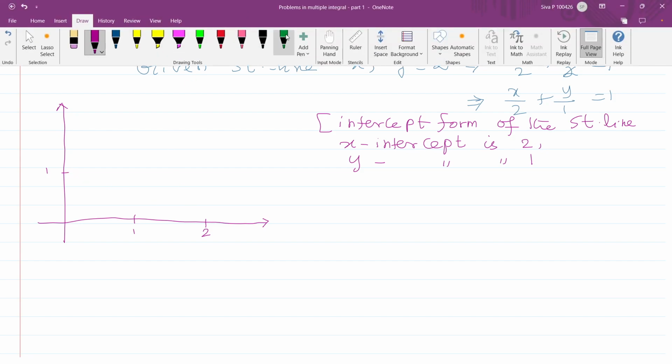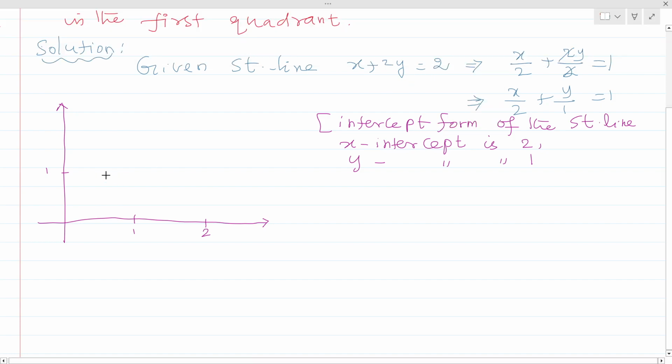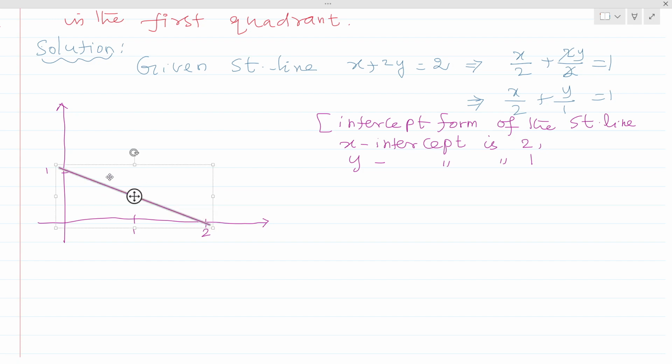Start from here and end here. This is origin 0 comma 0.